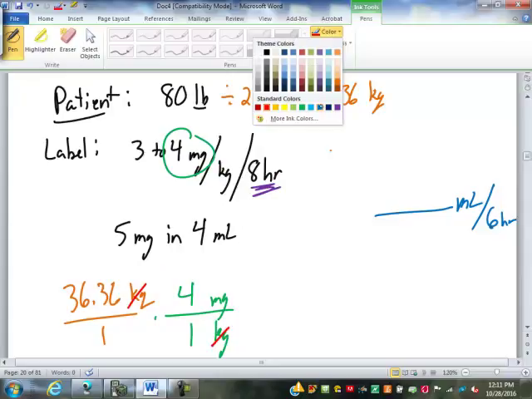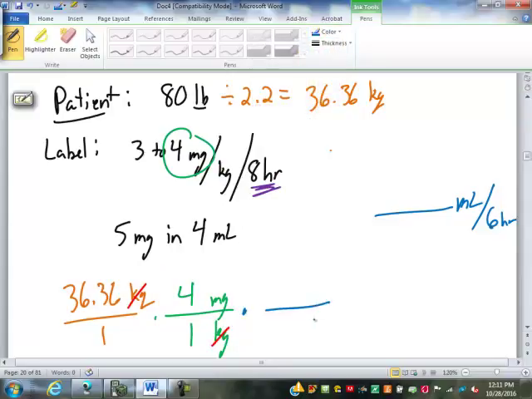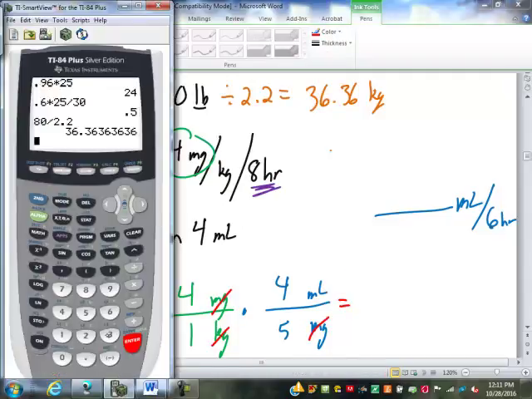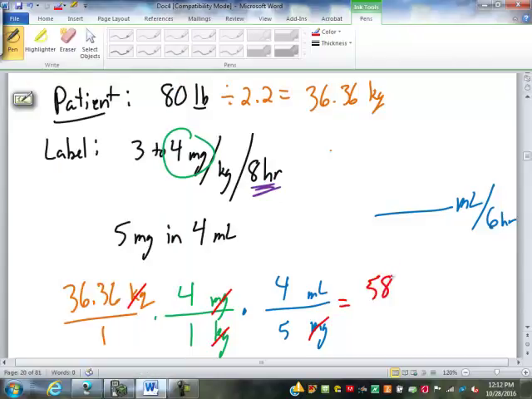And we're going to go ahead and convert milligrams to milliliters. It says 5 milligrams to 4 milliliters. So we're going to take 36.36 times 4 and times 4 again, giving us 581.76 on top milliliters.